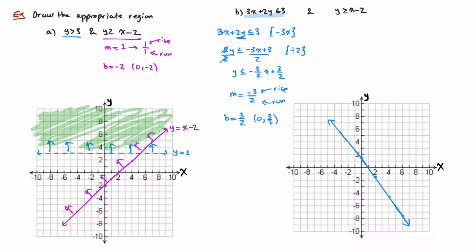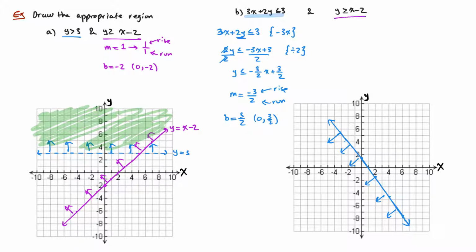So I'm trying to use as much of the graph as possible. And we know that it's less than, so it's the region below the graph, which is this region over here.